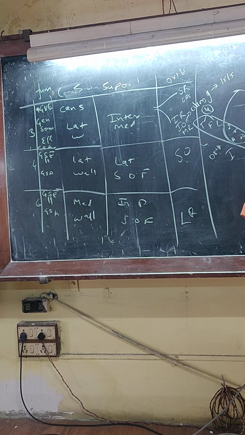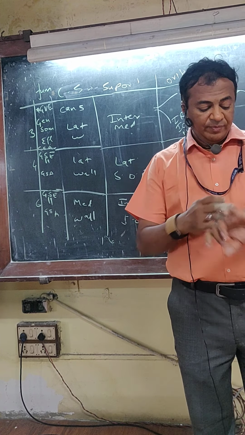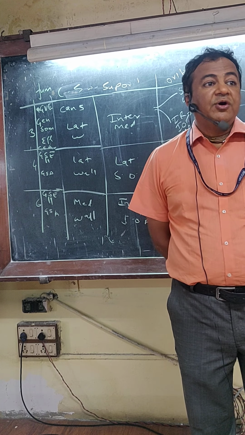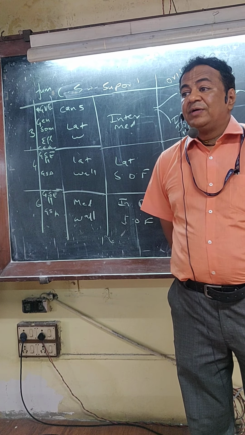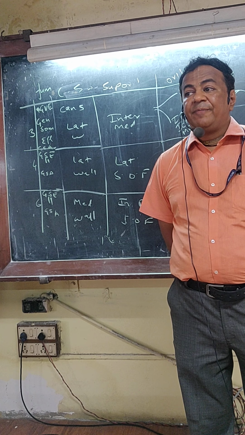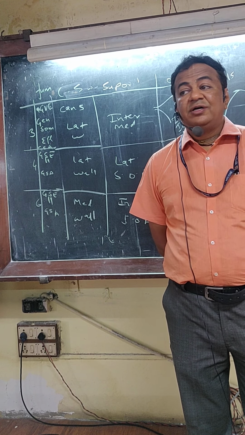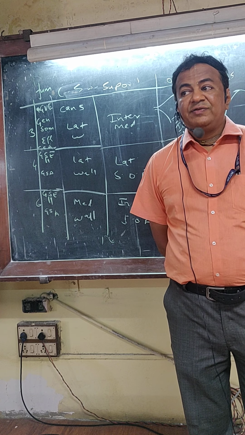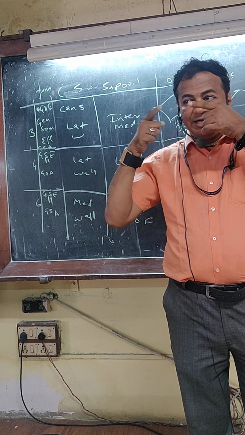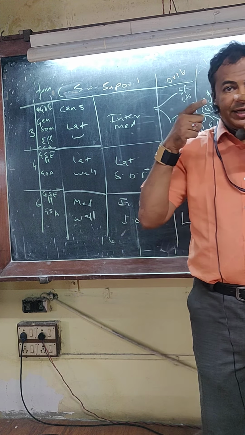What is the applied anatomy of these nerves? What will you write? If there is damage to the third nerve, there will be a lateral squint. See, normally the medial rectus and lateral rectus maintain a balance.